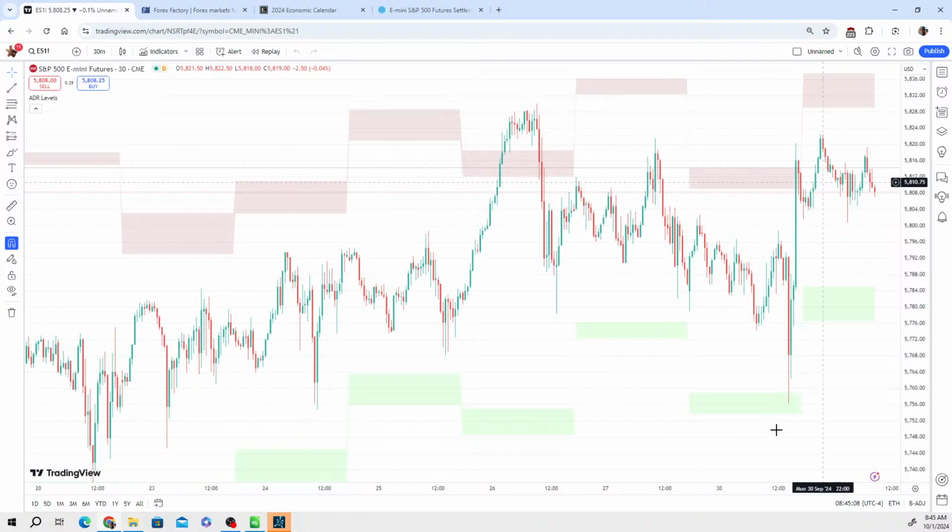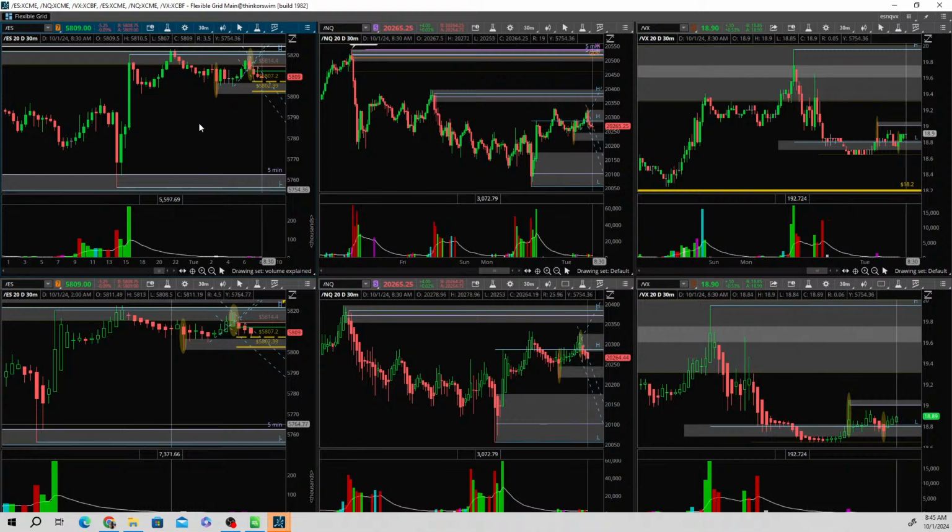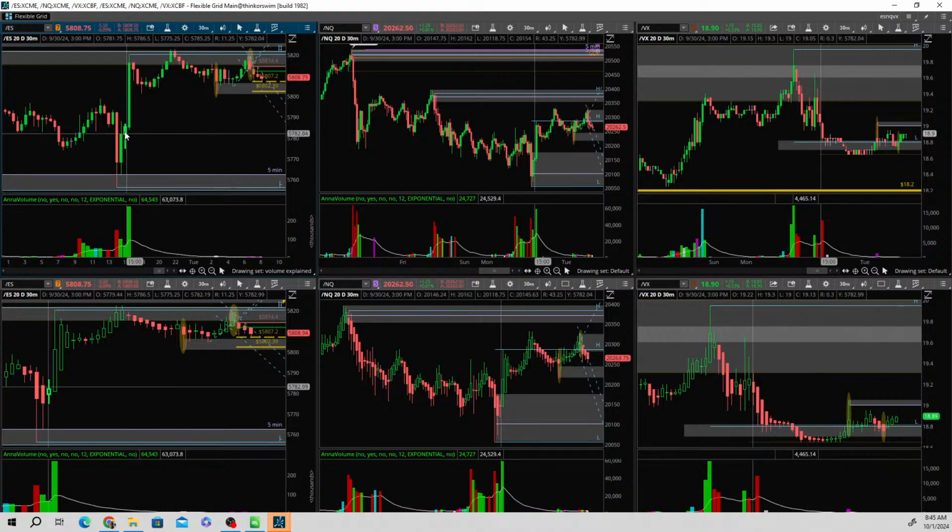And then for our ADR levels, we did bounce off of this yesterday. This brought all the way up. Still not marking my ADR levels because they don't seem like they're important, but I am looking at this 15 o'clock candle right now, which seems to catch my attention, but I don't see anything of it.